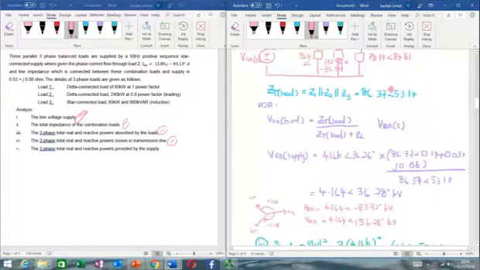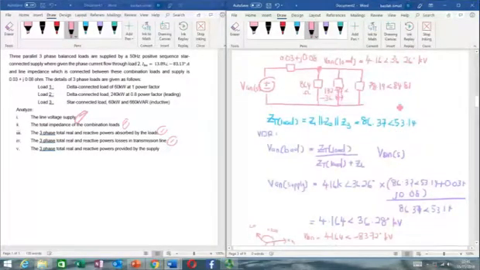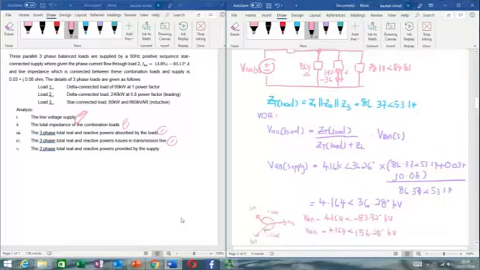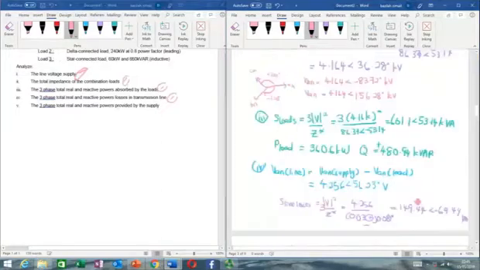So Z total for this case is 89.37, angle 53.14, plus with 0.03 plus with 0.08. It's very small, so it has no effect.